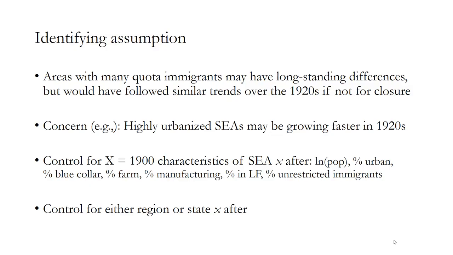So what we want to do is control for a whole set of other 1900 characteristics interacted with after the policy, allowing there to be differential trends in population size, share urban, blue collar, farm, manufacturing, share of the population in the labor force, and then the unrestricted immigrant category, Canada and Mexico. And then we also would want to control for either region interacted with 1920s or state interacted with 1920s to absorb the north-south differences.